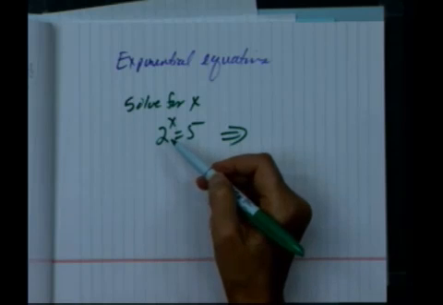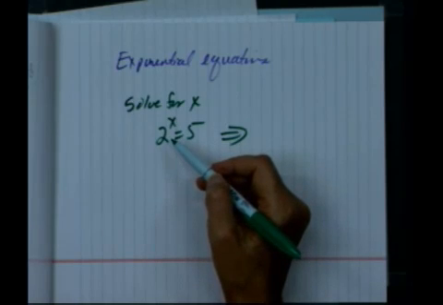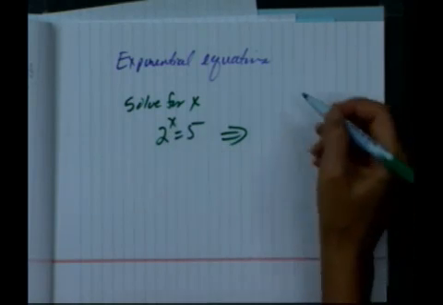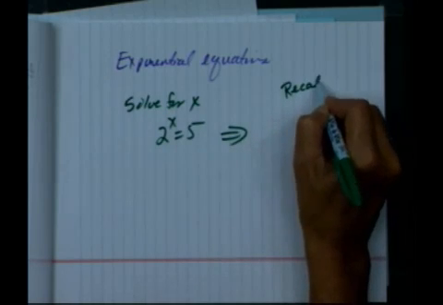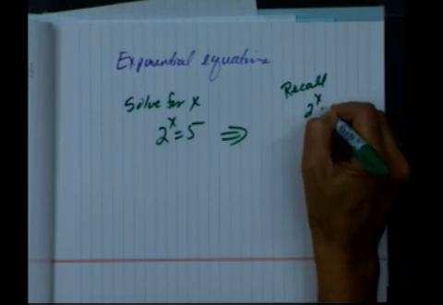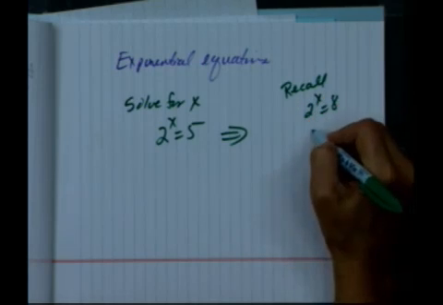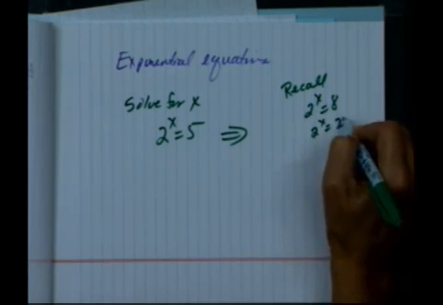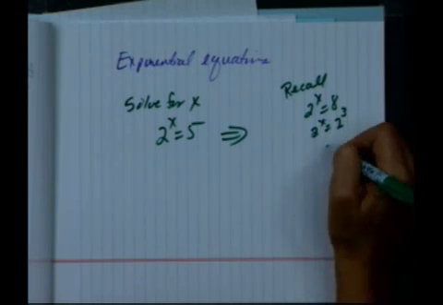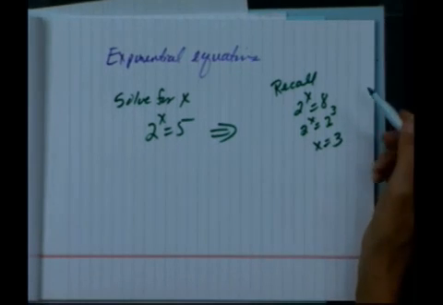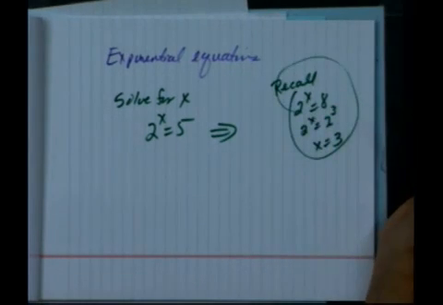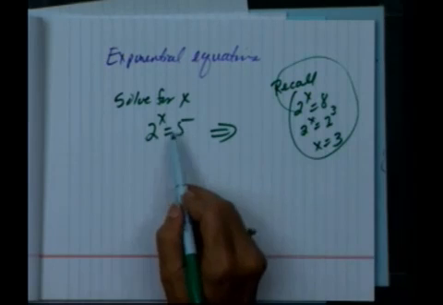In section 4.3 in the book, you would have problems like 2 to the x equals 8, and we were able to get like bases. And when the bases were the same, the exponents were equal. I think you just had that on one of your tests. But here, it's impossible to get like bases.